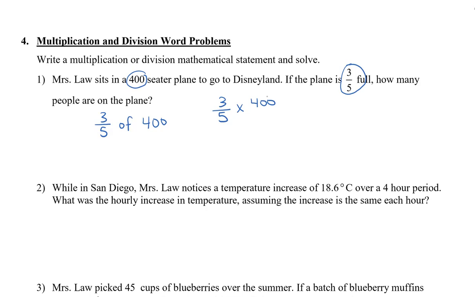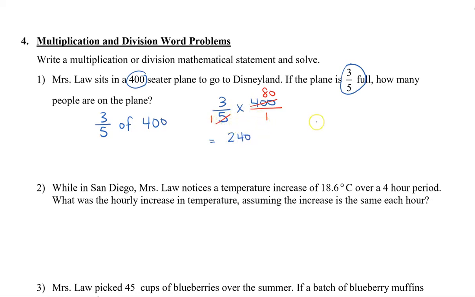So in this example, we can reduce. 5 goes into itself once, and remember this is going to be 400 over 1. So 5 goes into itself once, and 5 goes into 400 80 times. And when we multiply, we get 3 times 80, which is 240. And then 1 times 1 is on the denominator, which we don't need to write.